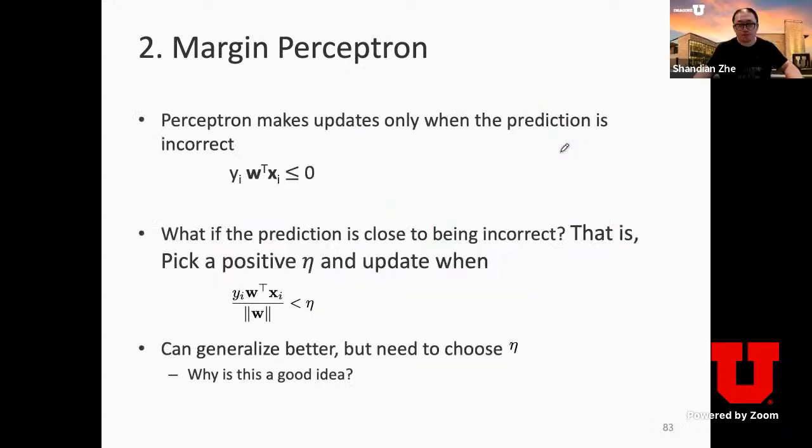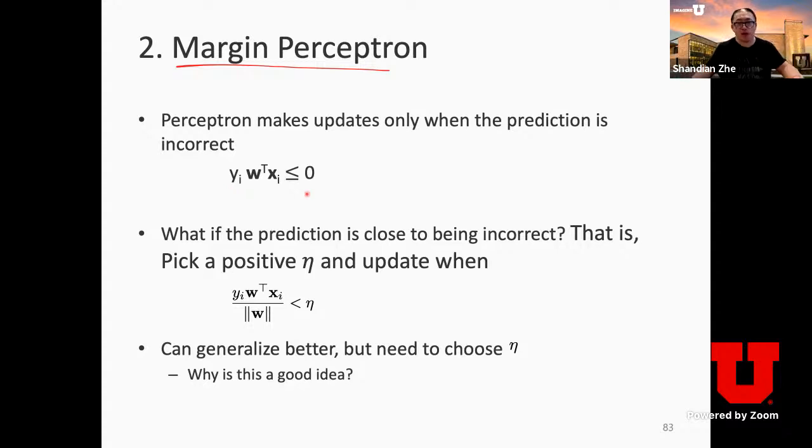Okay, so now we want to incorporate our insight into an extension of the perceptron, which is called the margin perceptron. So how can we modify the standard perceptron to be a margin perceptron? In our previous discussion about the implementation, we use this inequality to decide whether we're going to update our hyperplane or not, namely yi times w transpose xi less than or equal to 0.